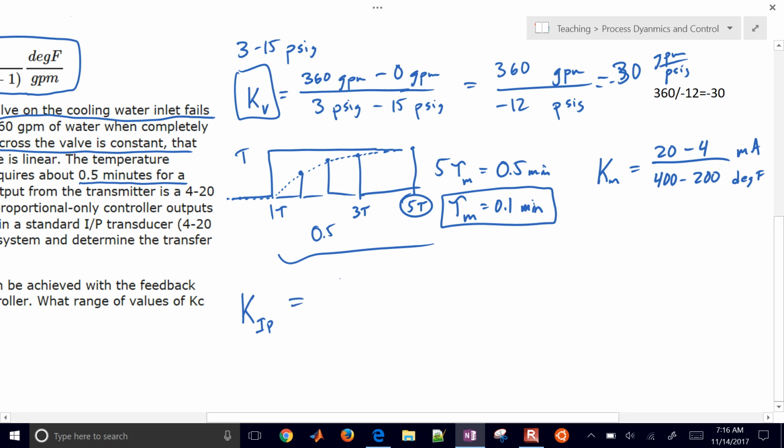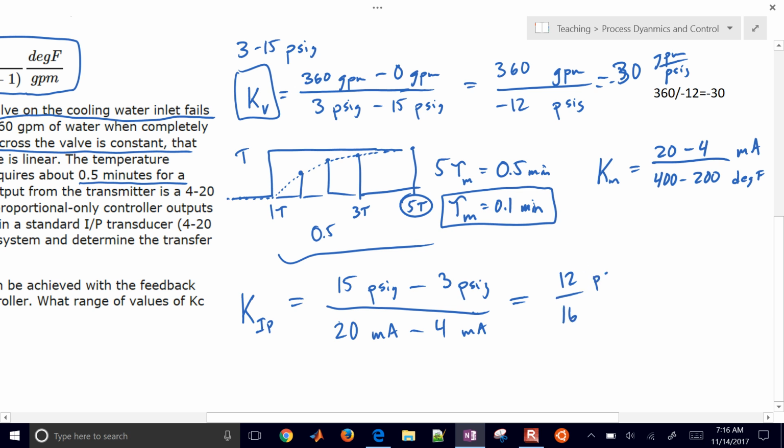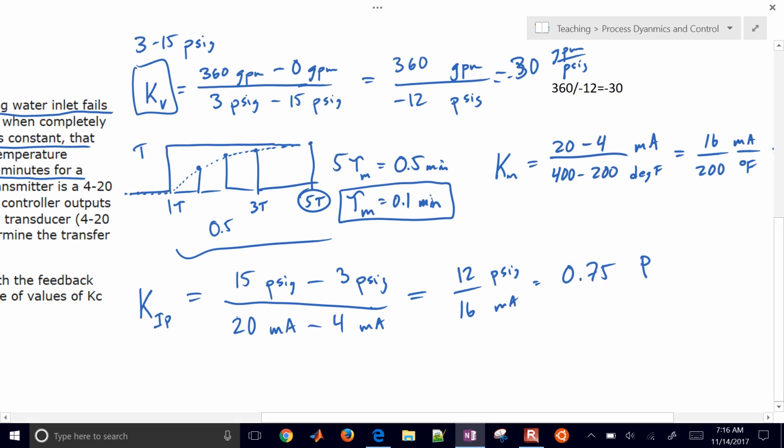To get a pressure at 15 psig, we're going to have 20 milliamps, and at 3 psig we'll have 4 milliamp. Those are the upper and lower typical limits. That gives us 12 divided by 16, psig divided by milliamp, which is 0.75 psig divided by milliamp. So we have all of the individual pieces now.